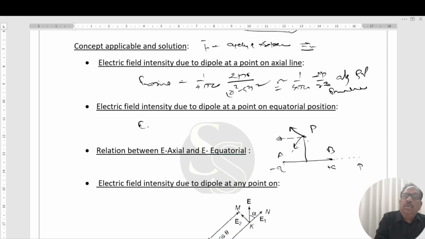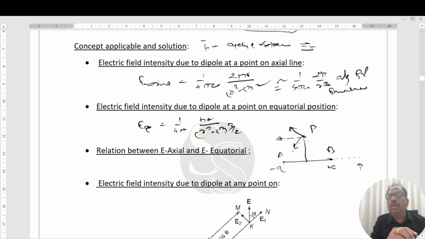In the equatorial case it is 1 over 4 pi epsilon naught, P upon (R square plus A square) to the power 3 by 2, along BA. This is anti-parallel to the dipole moment direction.